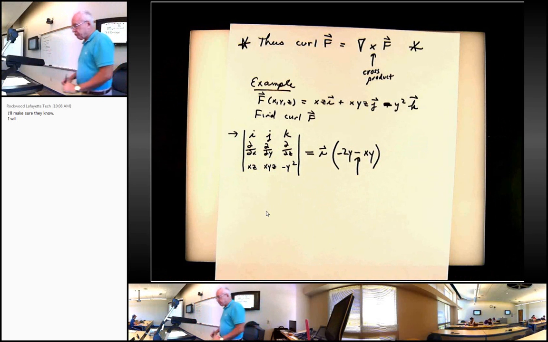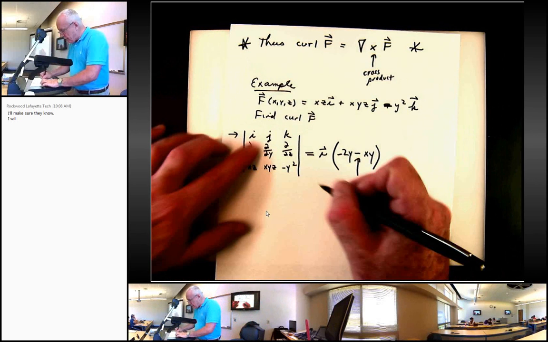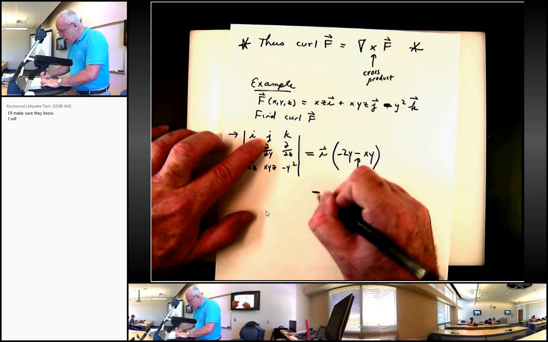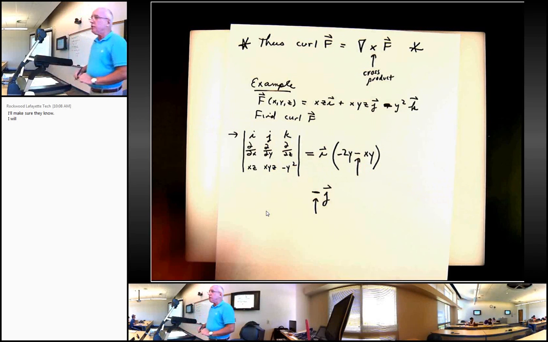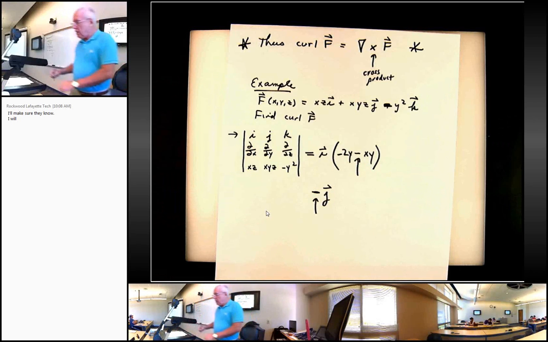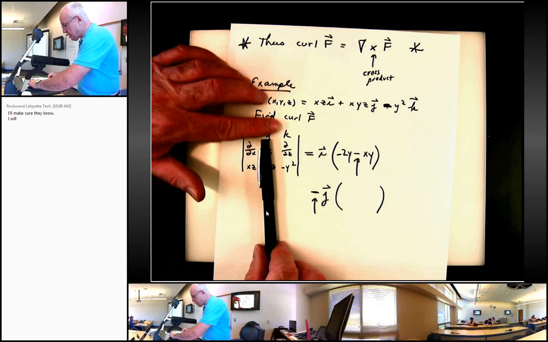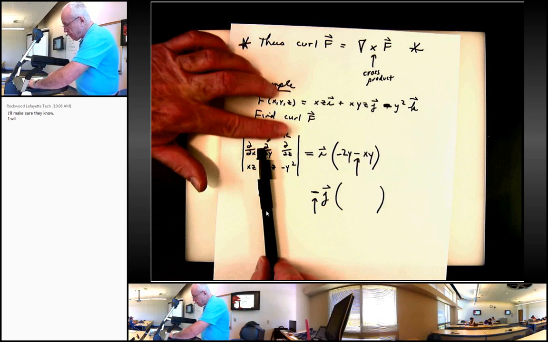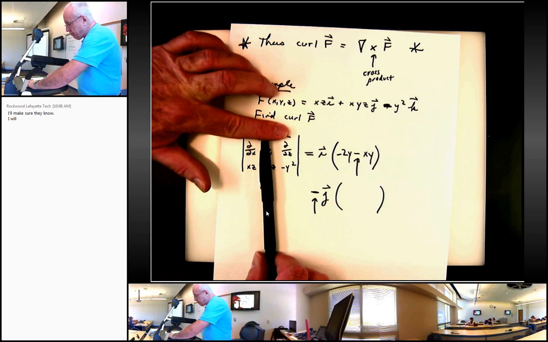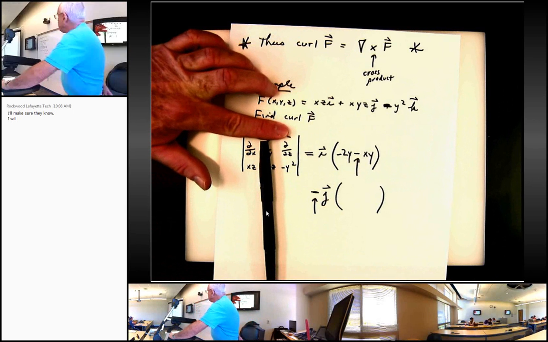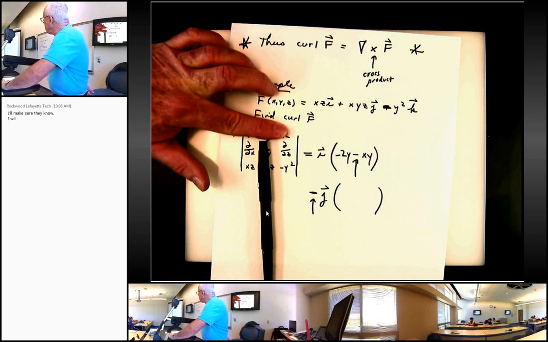Then with the second component, we remember we have to put a minus sign in front of the j vector. And let's figure this out. Now we're blocking out the first row and the second column. So going down the diagonal, we have delta delta x of negative y squared.